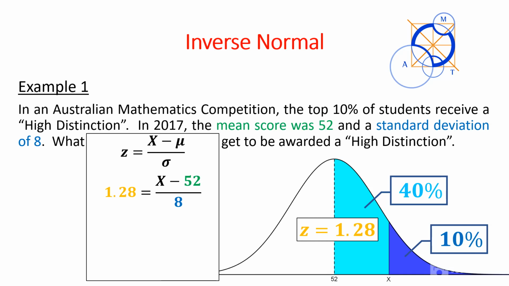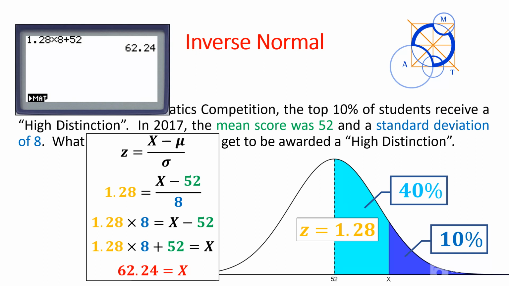So to do that, we're going to multiply the 8 by the 1.28, and then we're going to take the minus 52 and pop it on the other side to make it a plus 52. So we need to go 1.28 times 8 plus 52 to give us an x value of 62.24. So any score that is above 62.24 is in the top 10% and will receive a high distinction.